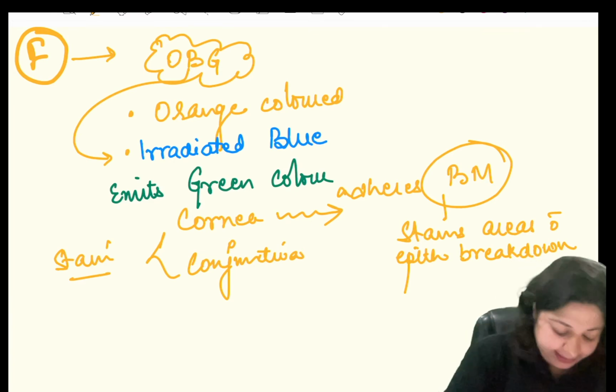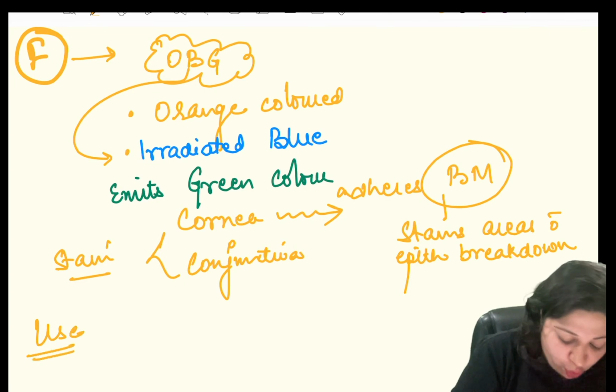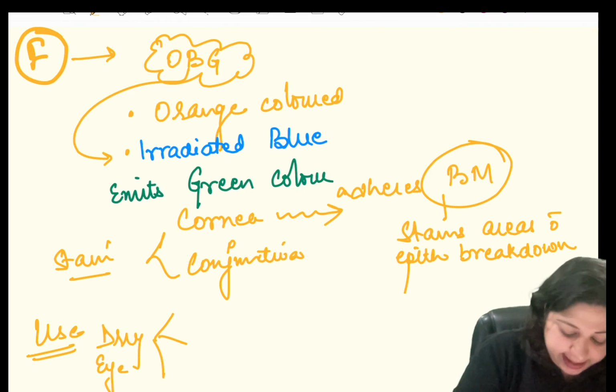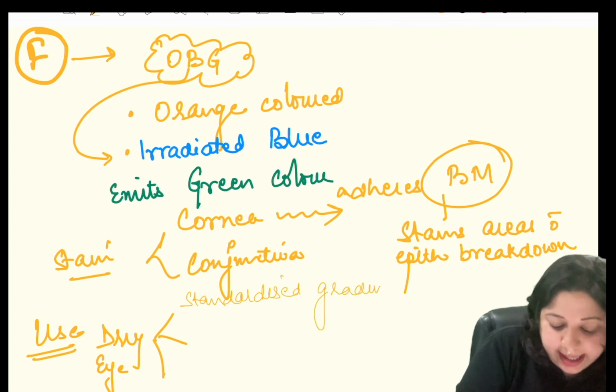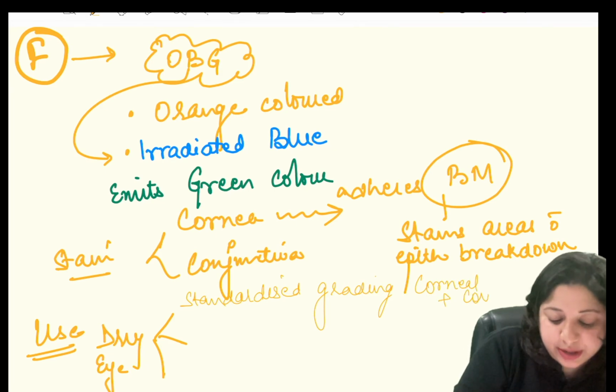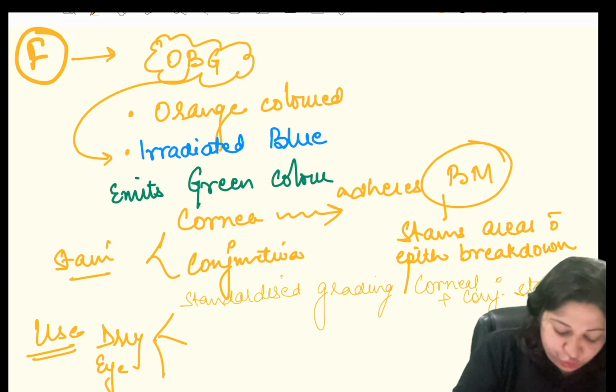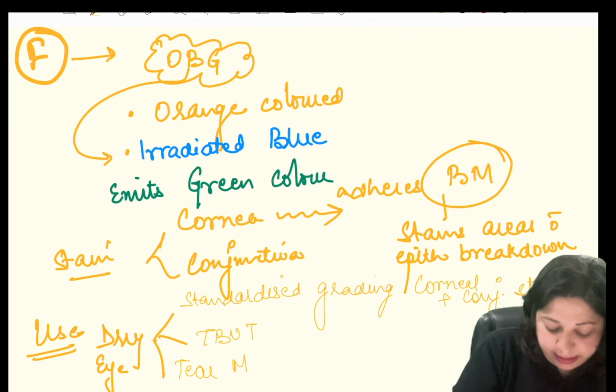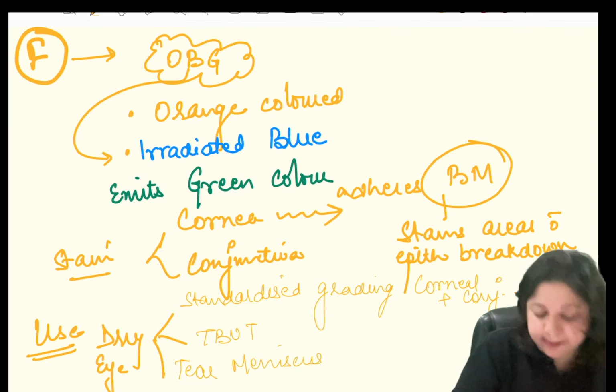Second thing, what is the use of fluorescein in dry eye? Let's see. The use of fluorescein in dry eye is for standardized grading. Here lies the answer. Grading of corneal and conjunctival staining. Again, it covers both. Also used in TBUT and to measure the tear meniscus.